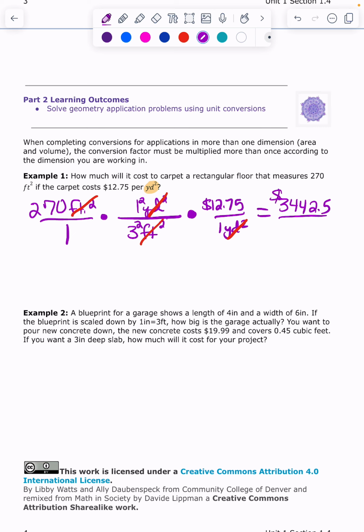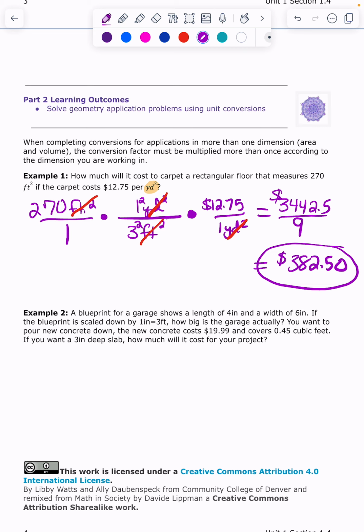And then 3 squared is 9, so I need to divide that by 9. And that is $382.50 is how much it's going to cost to carpet that floor.